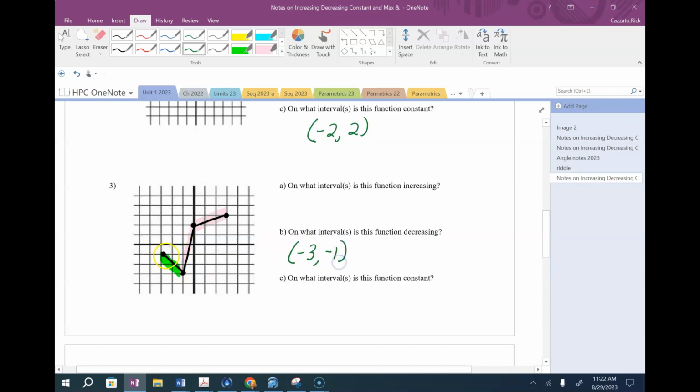Notice I'm using the x values. Then it is increasing from -1 to +3, and I'm using open intervals and x values. That graph is never constant, so I'll say never. So this was the summary of the class notes on increasing, decreasing, and constant.